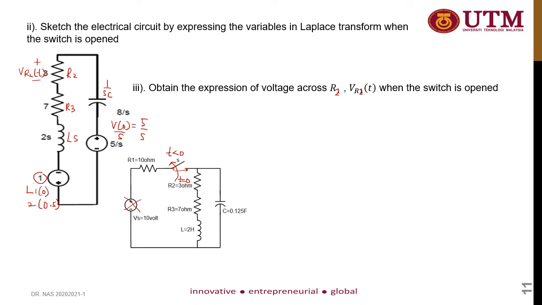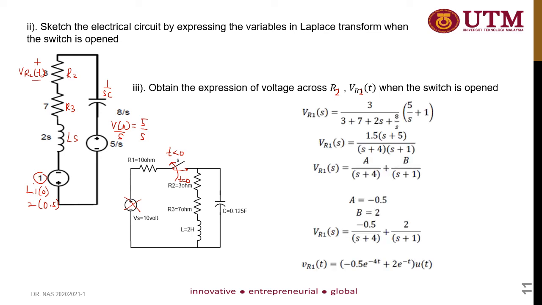You can perform voltage divider in order to get VR2. So VR2 is the total voltage multiplied with resistor 2 divided by the total impedance.